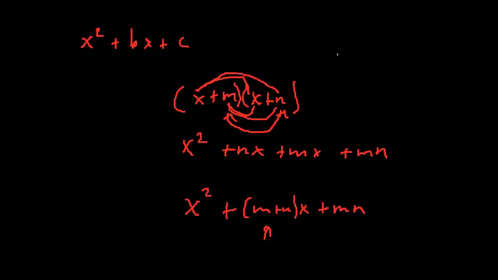So when we are looking at something like x squared plus 5x plus 4, what we need to know is that when we go to factor this, those last two terms will be factors of this third term, and those two numbers will add up to our middle term.